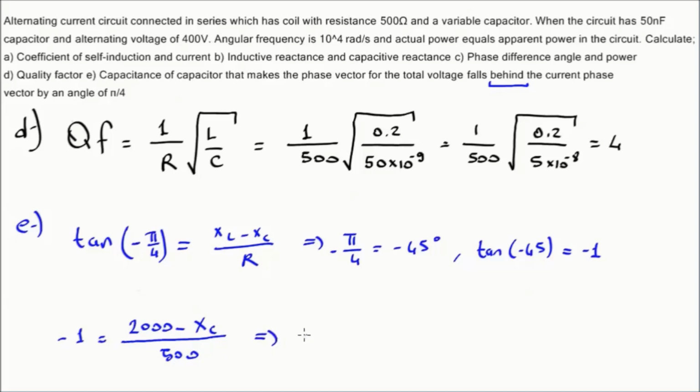Minus 500 equal 2000 minus XC. It's going to be XC equal 2500 ohm.